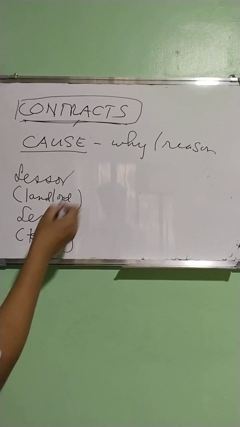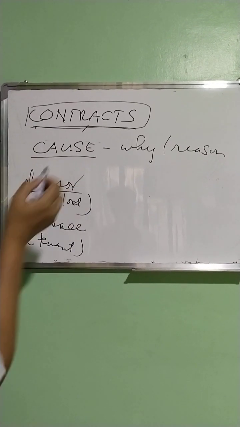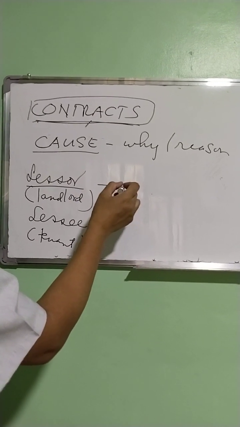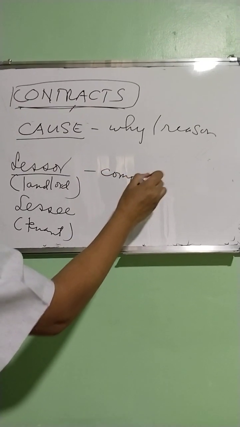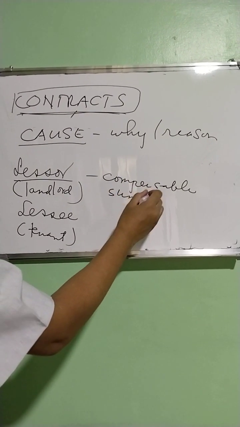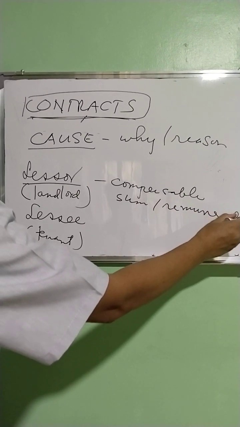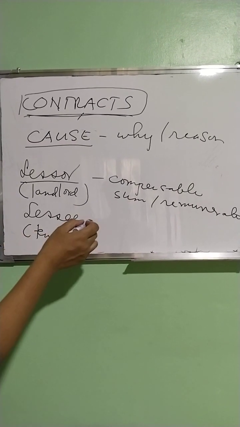Now here, what is the cause? Why did the lessor enter into the contract? Well, of course, the compensation or compensable sum over the lease, the remuneration. Remuneration for the use of his property.